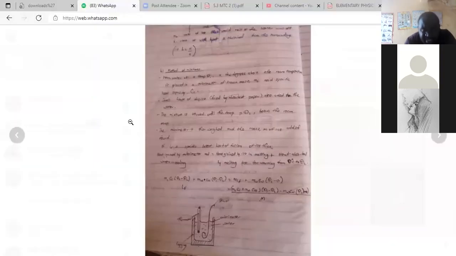You know, this diagram which I was trying to show you has a calorimeter. This is the calorimeter inside, which is lagged. But inside the calorimeter, there was warm water.